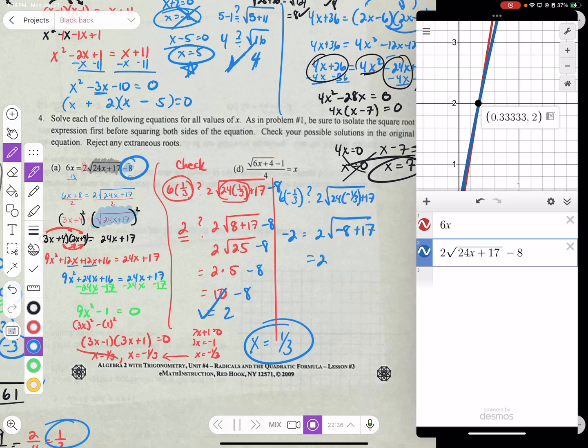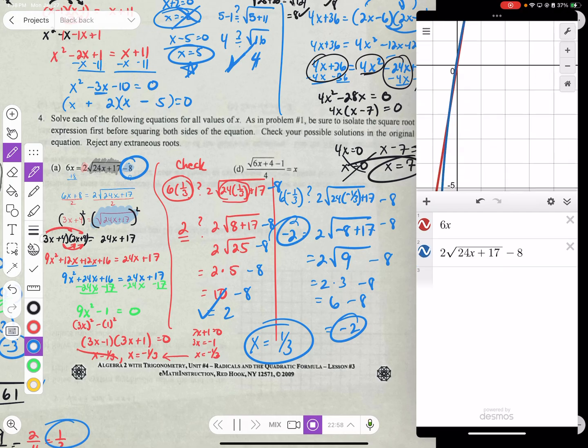It comes out to 2, and you get the square root of a 9. It comes out to 2 times 3, which is 6. And that minus 8, which I forgot before, should give me a negative 2, and it doesn't. It's supposed to give me this. Oh, it does give me negative 2. 6 minus 8 is negative 2. So let me check here. Supposedly at negative 2, these things cross again.